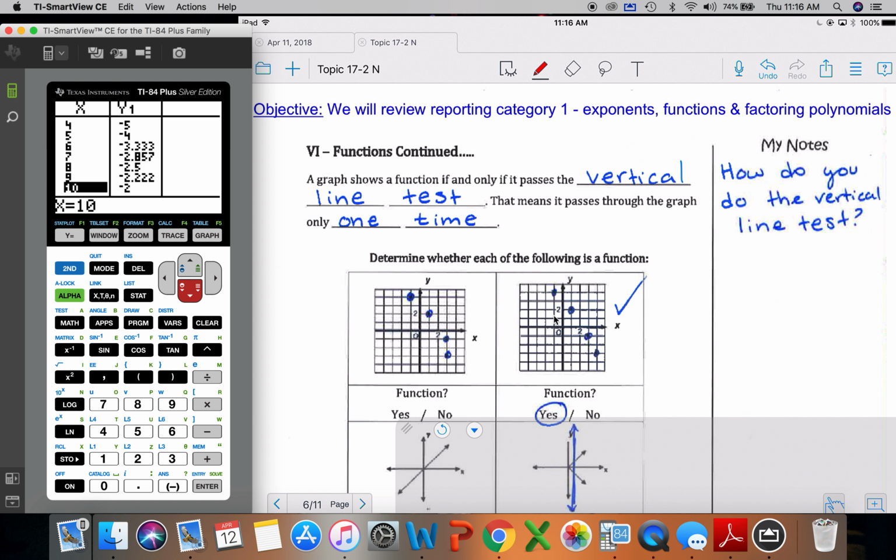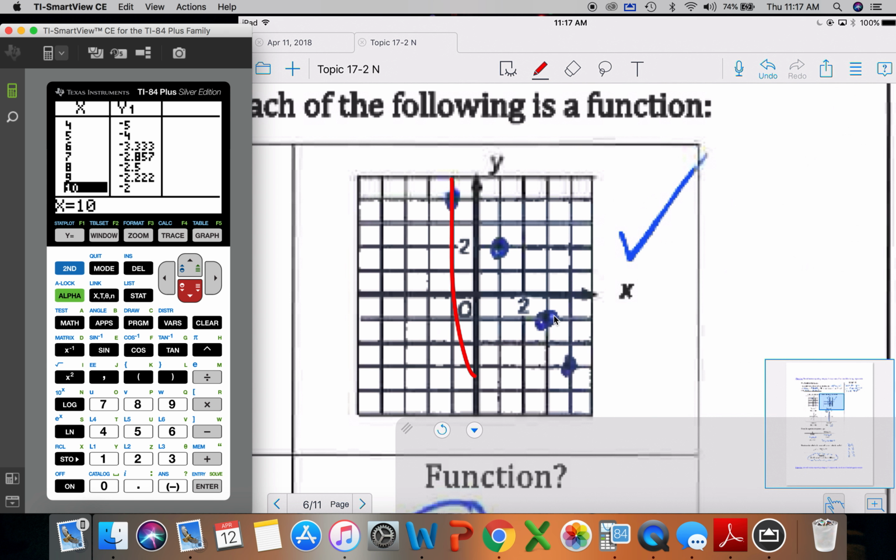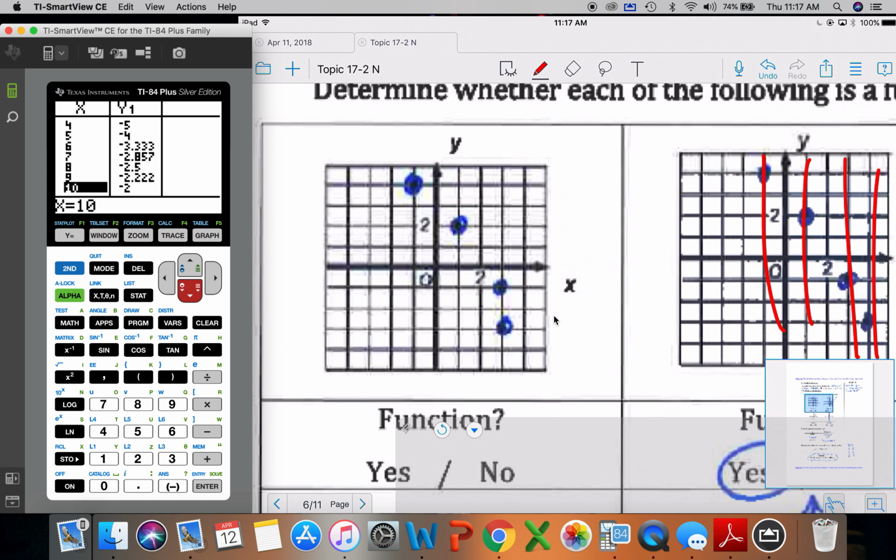So when we continue these functions, a graph shows a function if and only if it passes the vertical line test. That means that it passes through the graph only one time. So we have this example that's been done for us. If we complete the vertical line test 4 times, all of them pass.